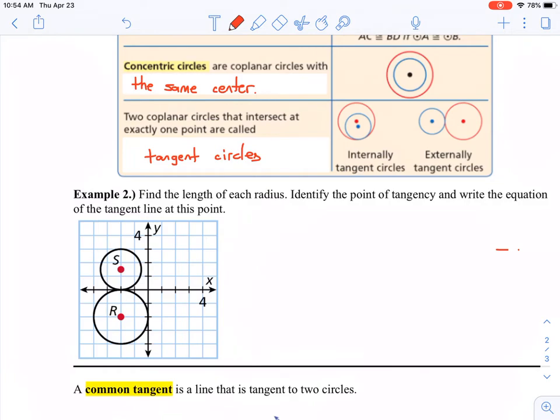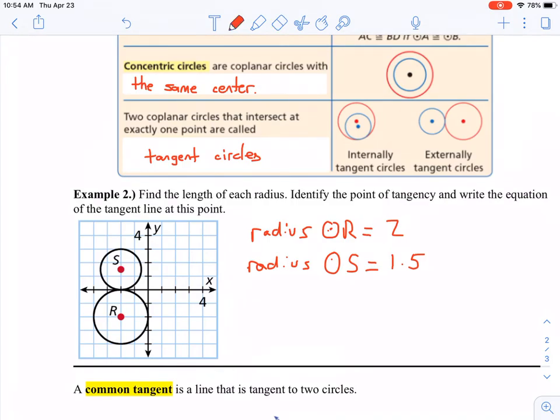In this example, they're asking us to find the radius of each circle. So the radius of circle R is going to be 2. The radius of circle S will be 1.5.